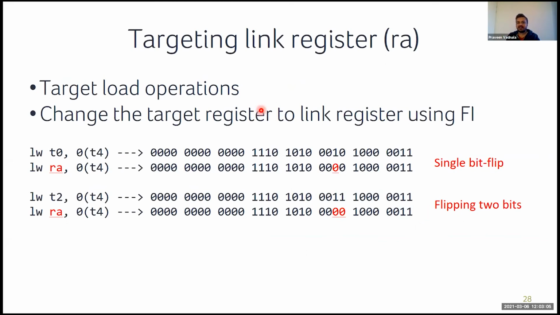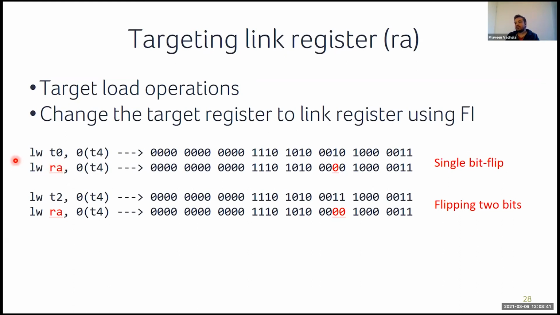Now, how do we actually do this? Let's go back and see. I mentioned two registers, the link register and the stack pointer register. The idea here is that we change the target register in a load operation from something normally used by the program to our register of interest, which is RA here.